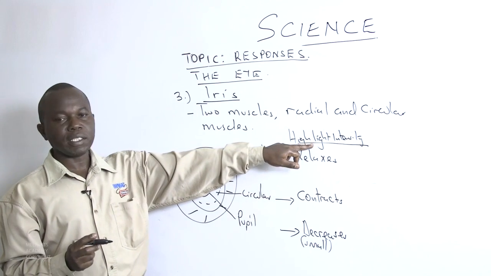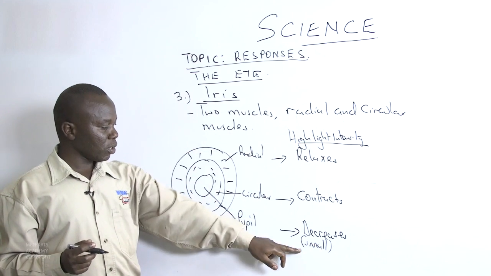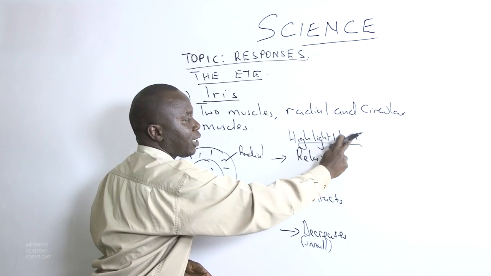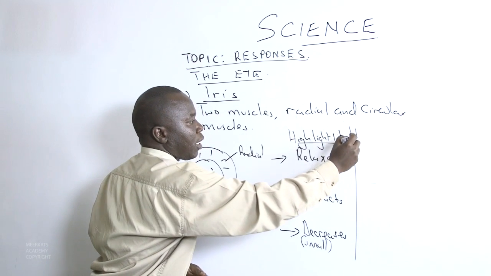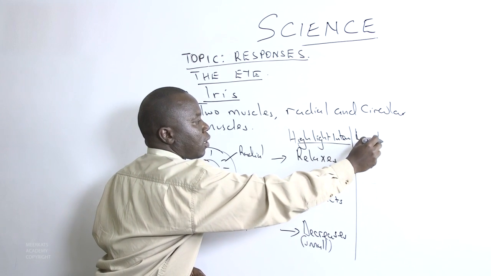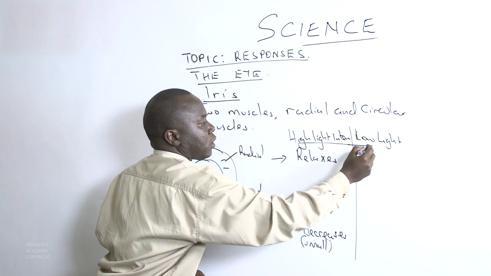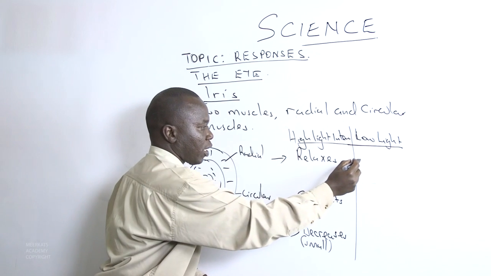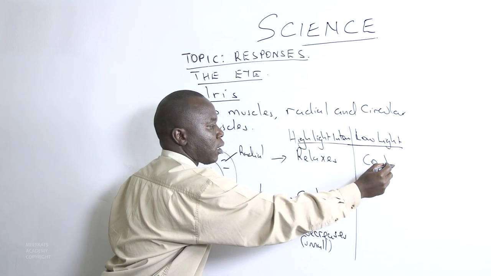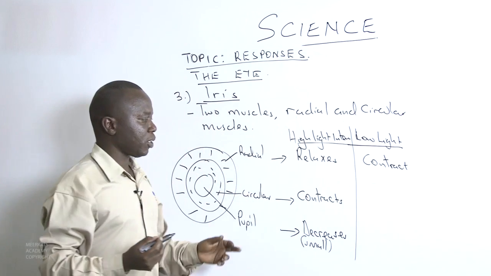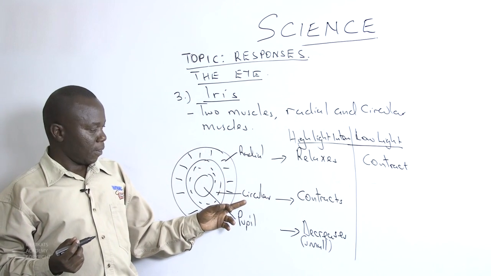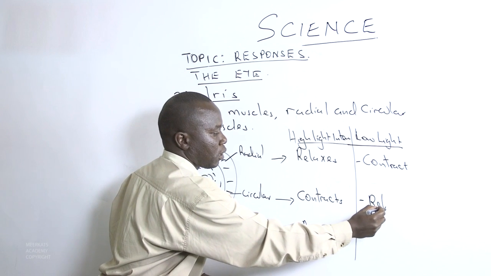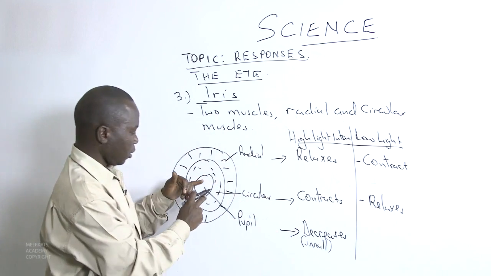And so if there is high light intensity, it's going to reduce the amount of light reaching the retina. If it is low light, the opposite will happen. Radial muscles are going to contract, then circular muscles relax.